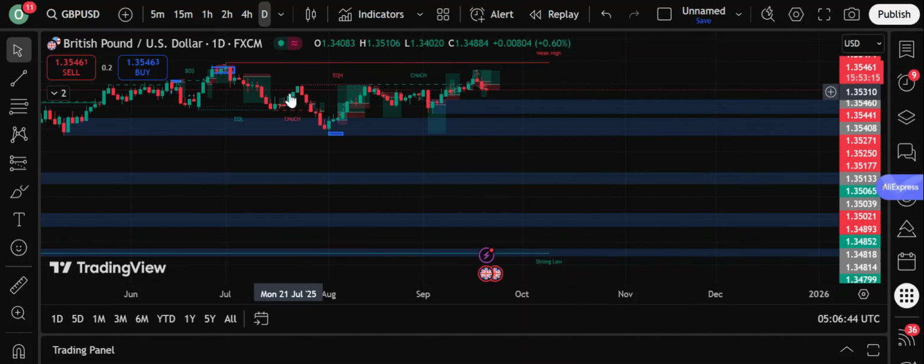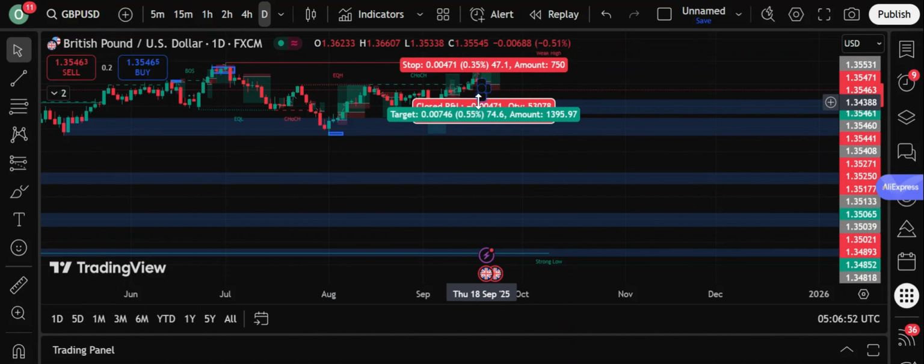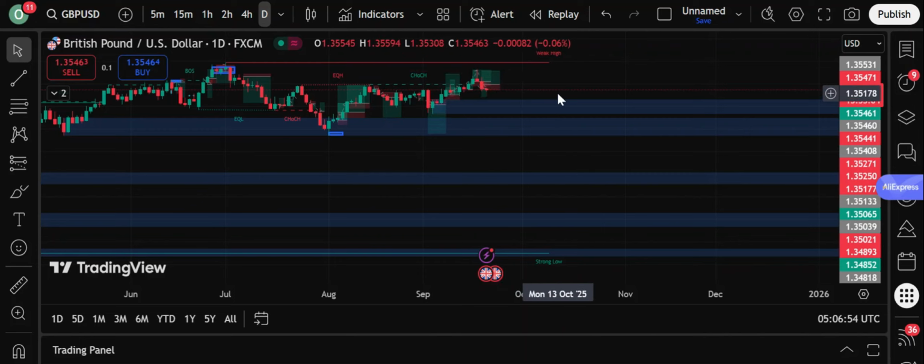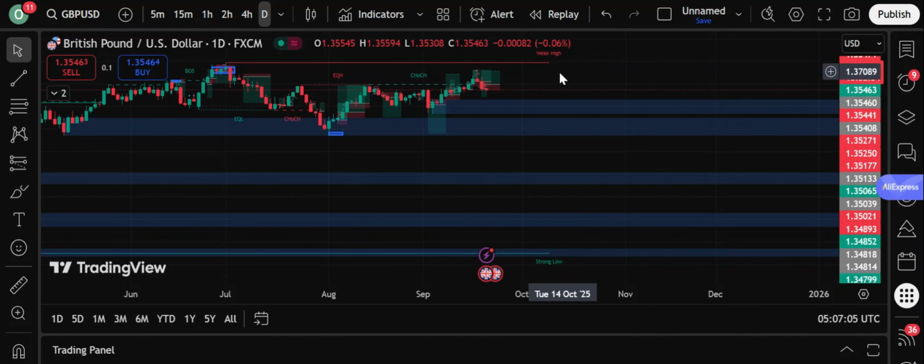The market was trying to form a bearish trend here and it started reversing back to change the character, and it would always come back to fill all this gap, or what you call a fair value gap. So we're waiting for price to get to this level here, and that's what we want to take advantage of. This is a very big gap because this is a daily time frame.